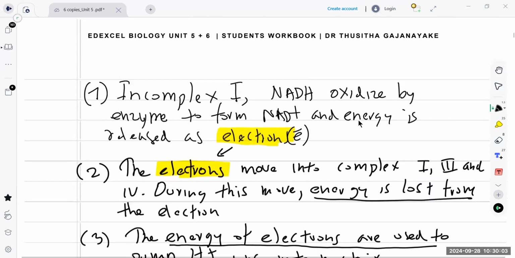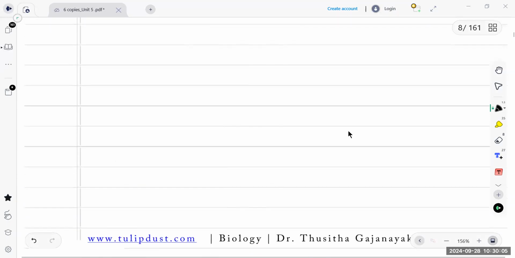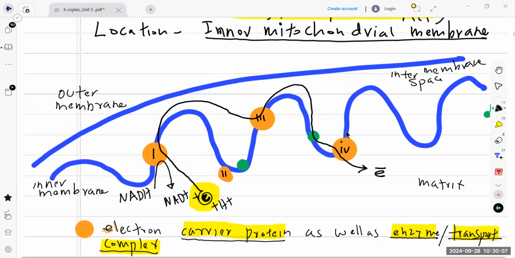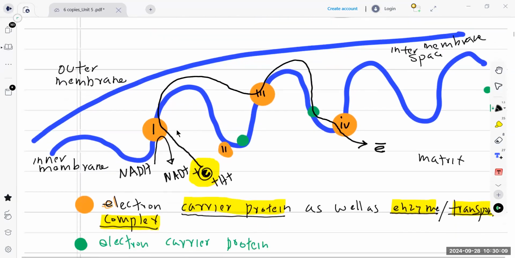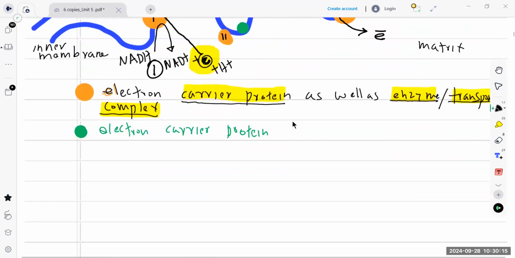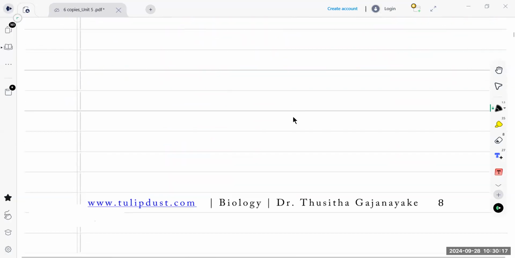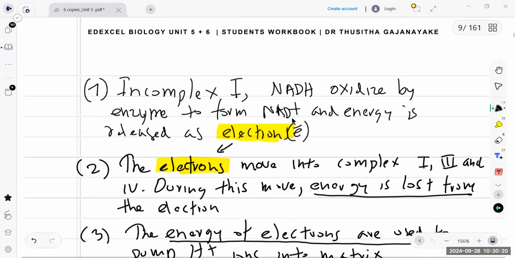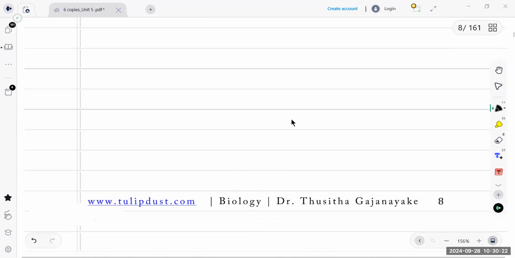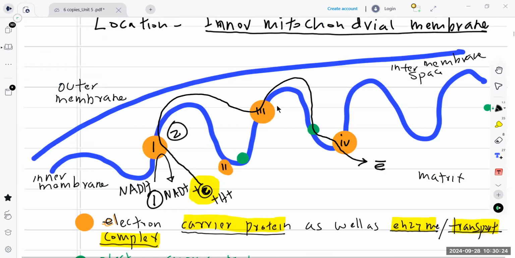I can show it here. This is number 1, this is number 2, and number 3. Number 3 I can show like this: hydrogen ion moves in. That is number 3.